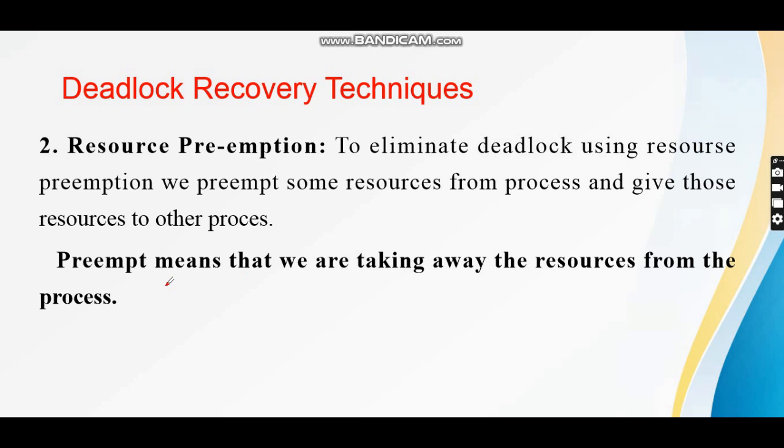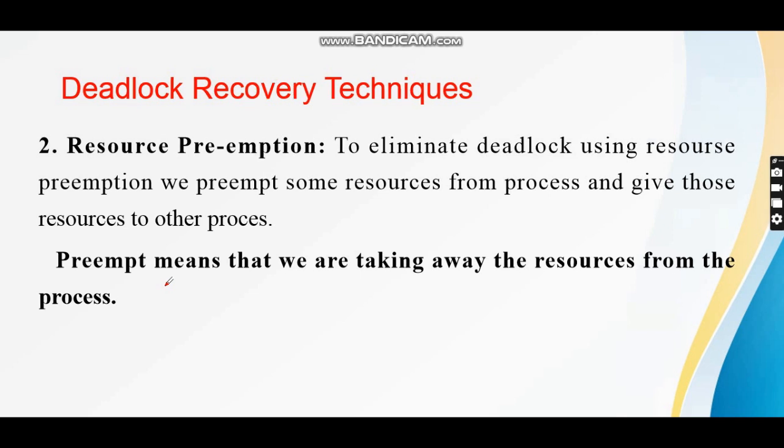So we can recover from the deadlock by preempting the resources from the process which has caused the deadlock, right? And we can give those resources to the other process.